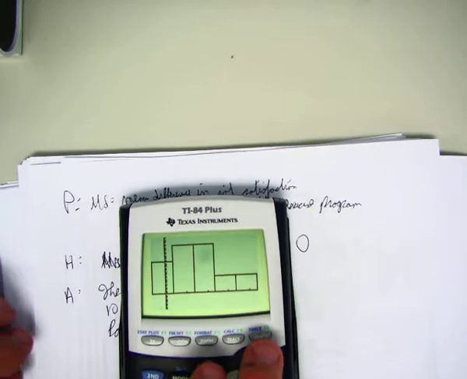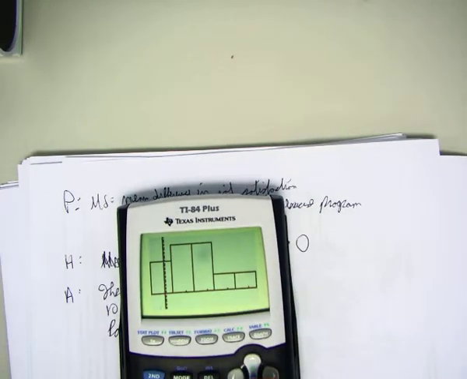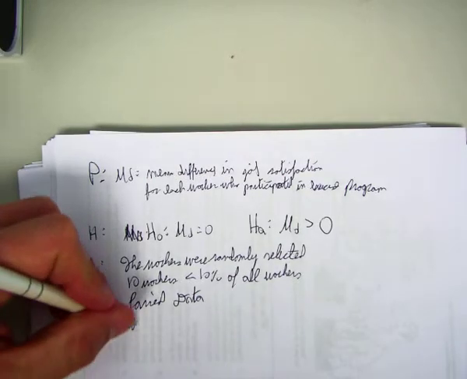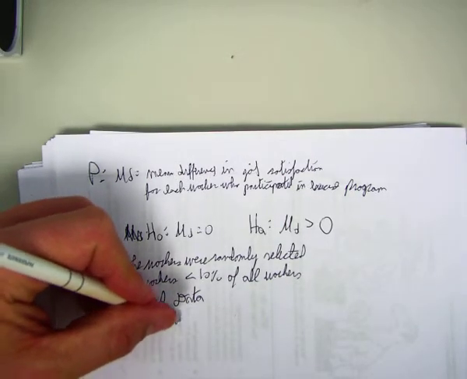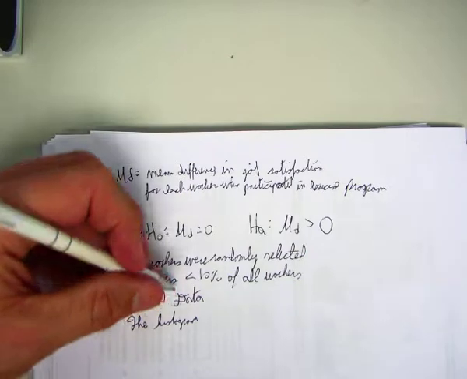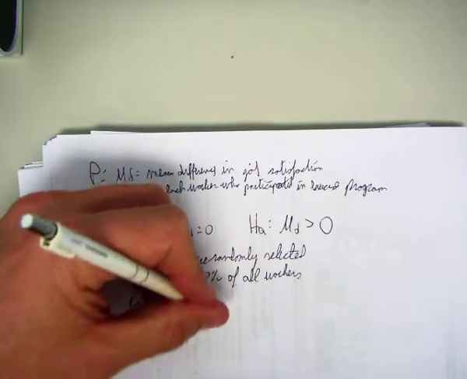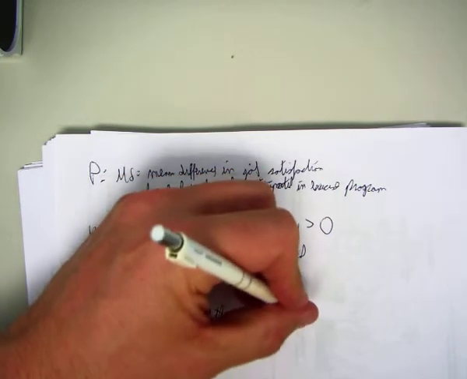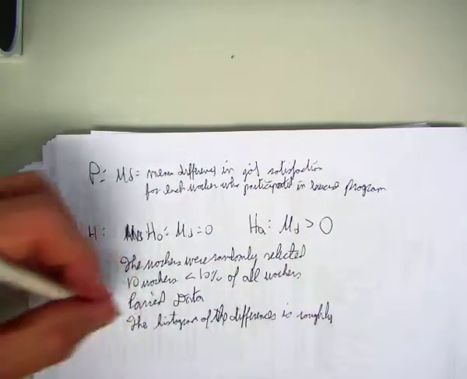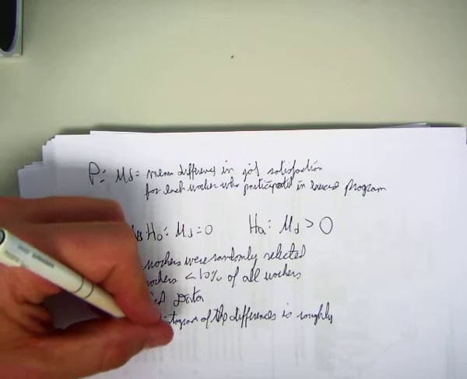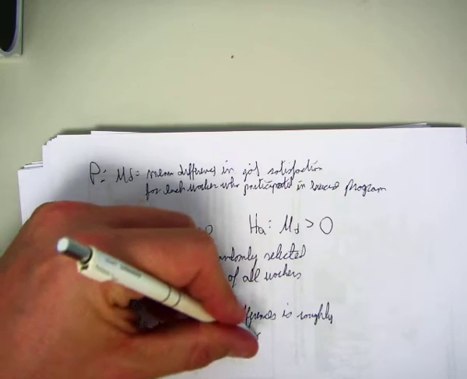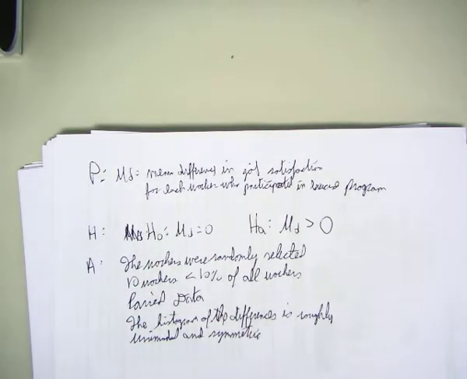So I would copy that down, and I would say that the histogram of the differences is roughly unimodal and symmetric. And again, you would copy down that histogram. I just don't have time to do it now.